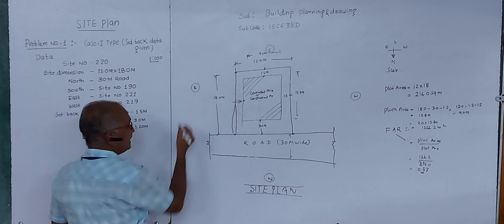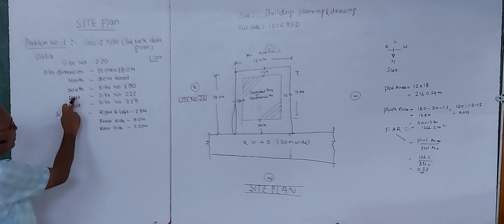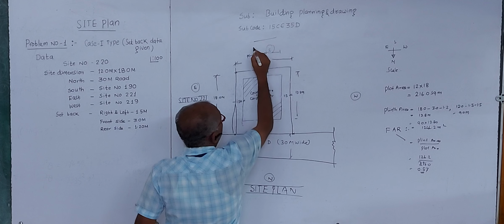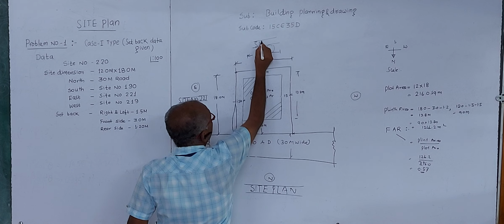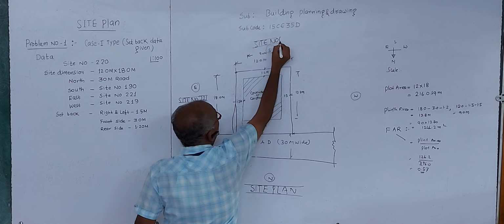And here the east side has site number 221. You have to take the same thickness and write the site number 221. Then here in the south side the site number is 190. Here again you have to take two lines, and the site number is 190.